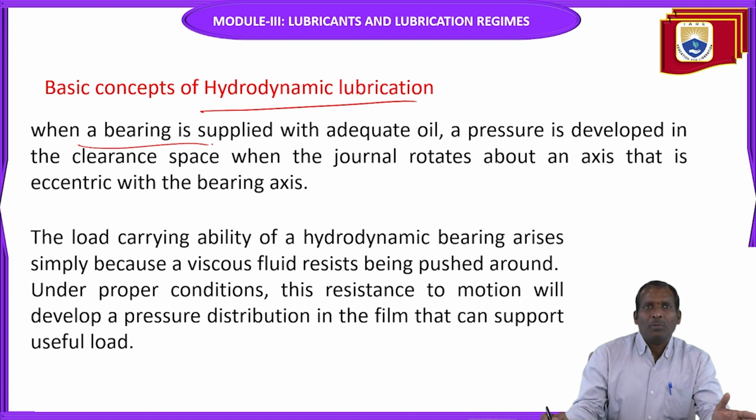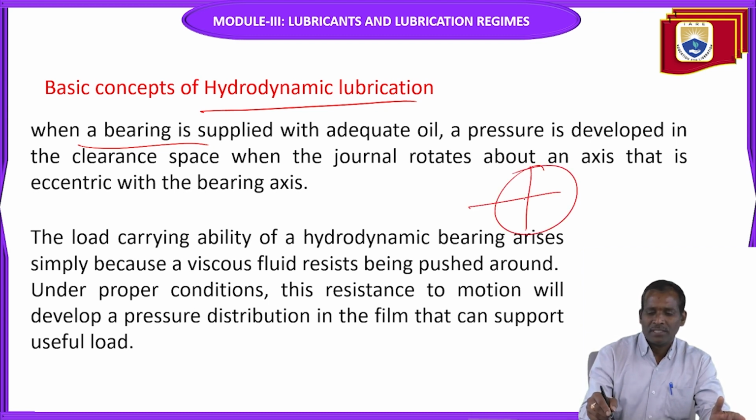A pressure is developed in the clearance space when the journal rotates about an axis that is eccentric with the bearing axis. So this is the bearing axis, and this one is the journal axis. Whenever the journal rotates about its axis eccentrically like this, there is an eccentricity between these two axes.